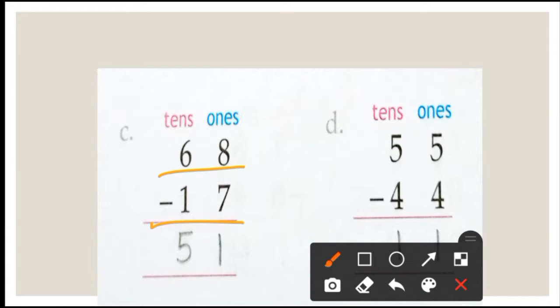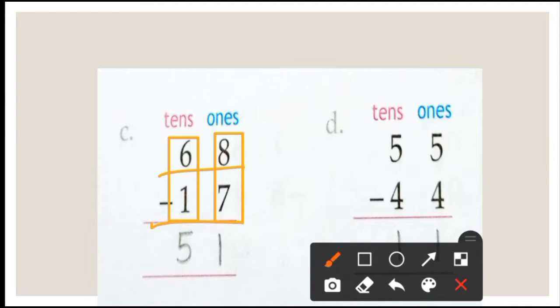Now I am going to read our ones part and tens part. The ones part is 8 minus 7, and the tens part is 6 minus 1. First of all we will start our subtraction from the ones part. For this question we will draw 8 lines.